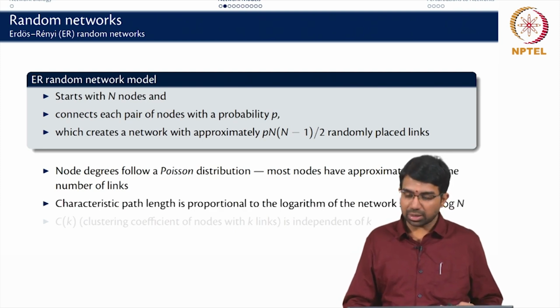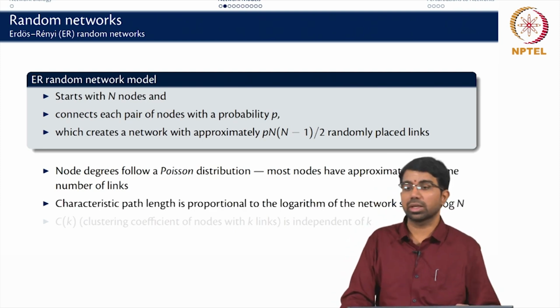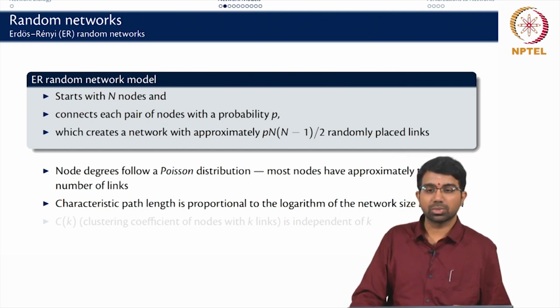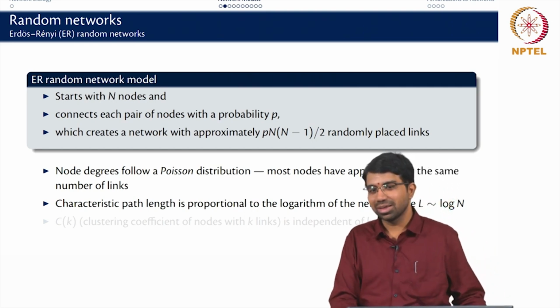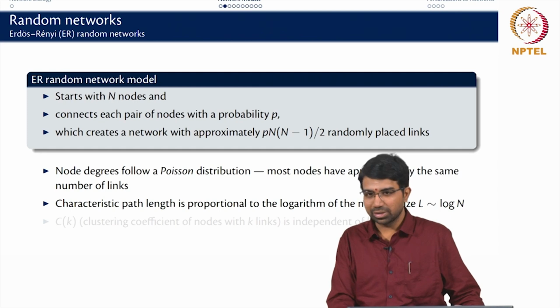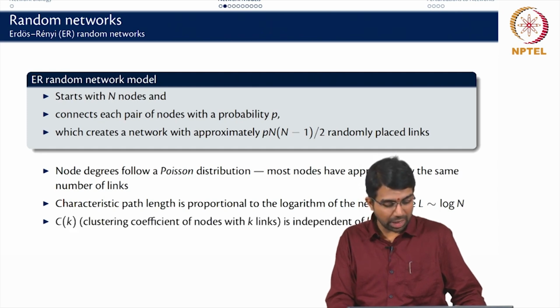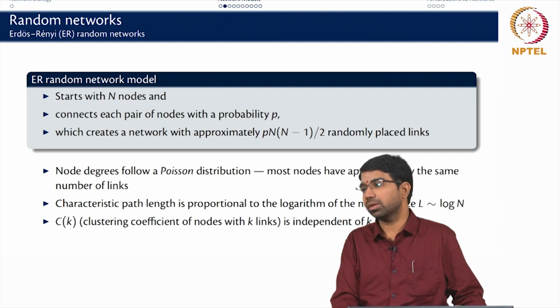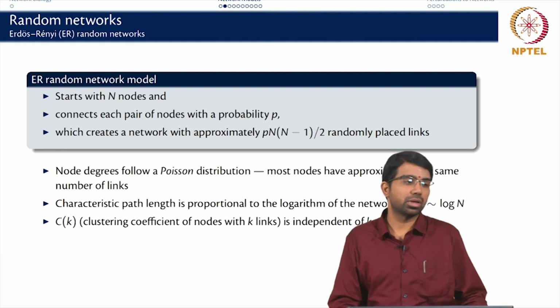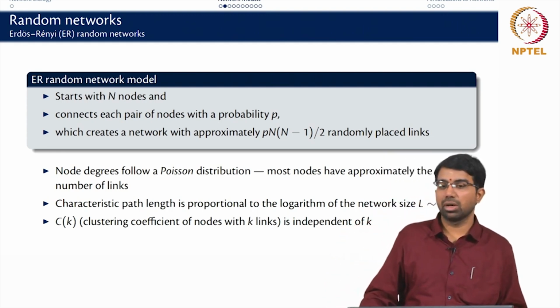The characteristic path length happens to be proportional to log n, which is quite small. There are mathematical derivations for all of these. I am going to skip all of them in this class. And C_k versus k is actually independent of k. The clustering coefficient for a node with degree k does not depend on k.